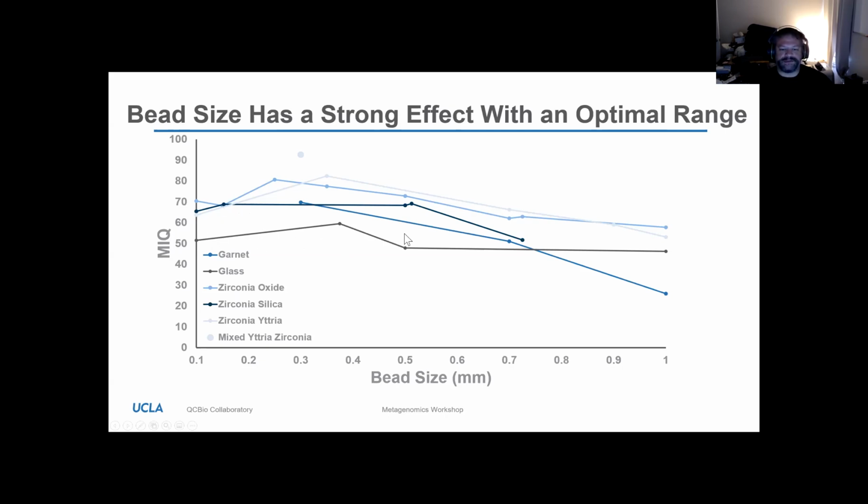And these are all different beads that are in use right now for different microbiome extraction protocols. So every one of these bead materials is in use and cited in the literature. I can't speak to whether the specific sizes for each material are represented because we just decided to test a wide range of sizes. But what we see here is plain glass beads we get poor performance out of, which isn't too surprising. Glass beads are basically the least dense bead material.